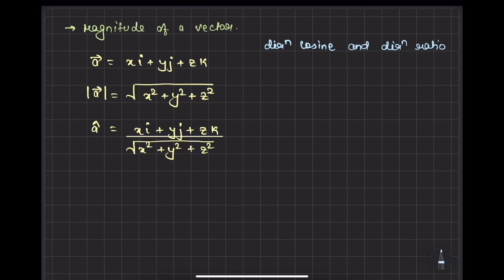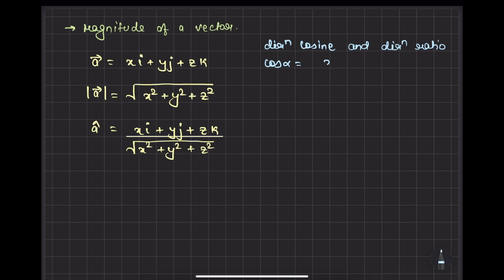Direction cosine is the component of i, j, and k. So we represent cos alpha as the direction cosine along the x-axis, and similarly along the y-axis, z-axis, meaning the angle made by the vector on the x-axis, y-axis, and z-axis.